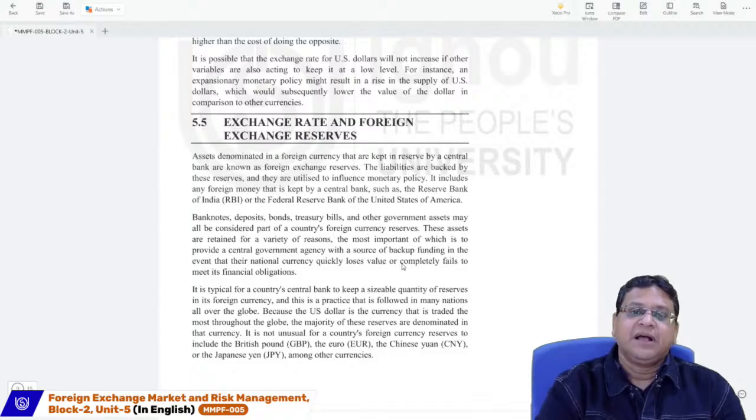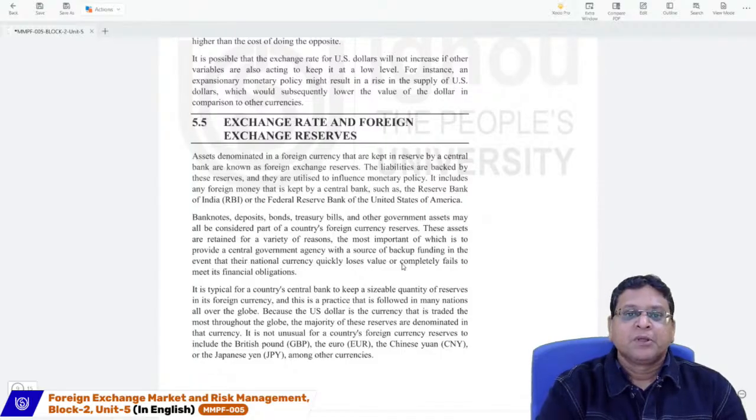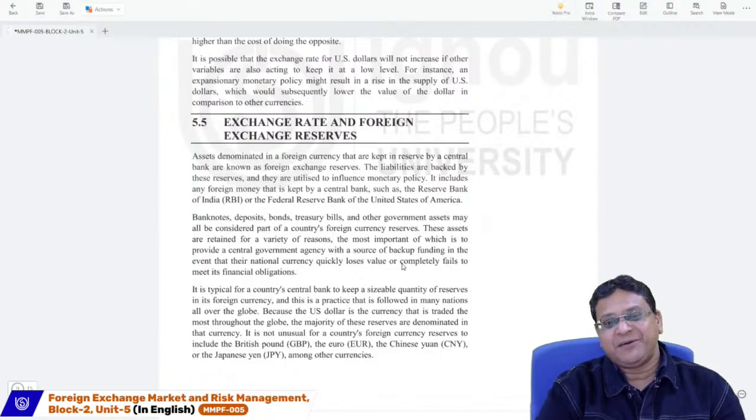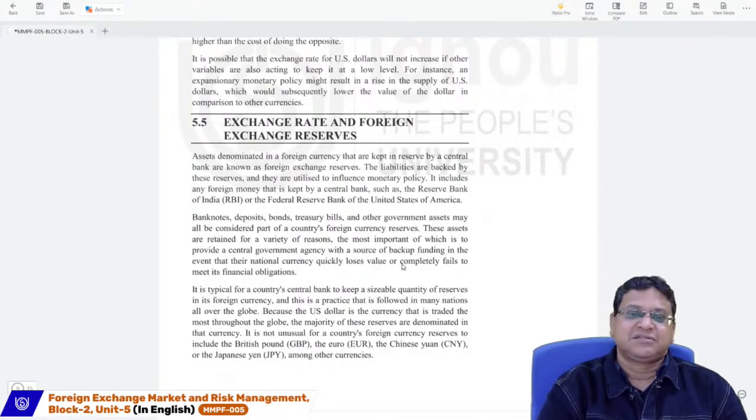It has more than $3 trillion of forex reserve. India now has $800 billion of forex reserve. Pakistan has $10 billion of forex reserve. Now it is begging before IMF and other countries for forex reserves because they do not have sufficient forex reserve.